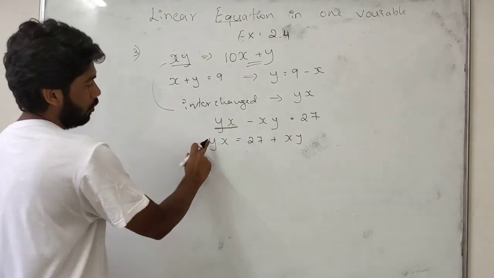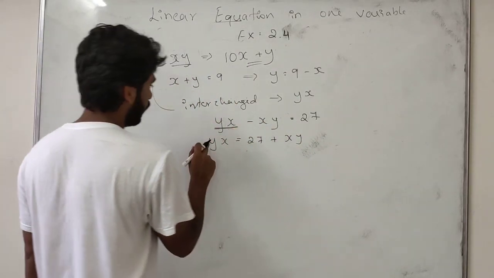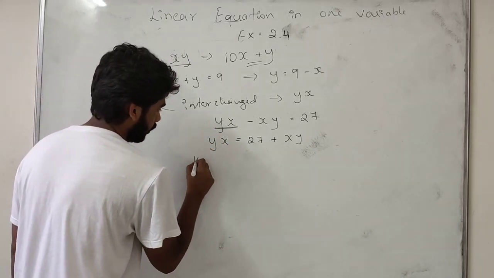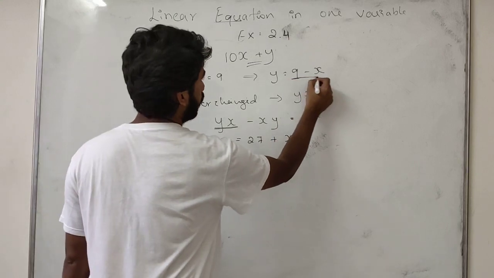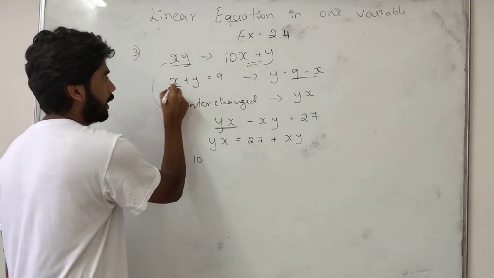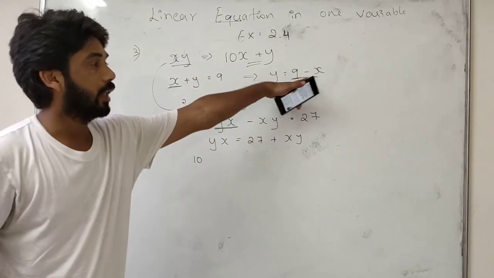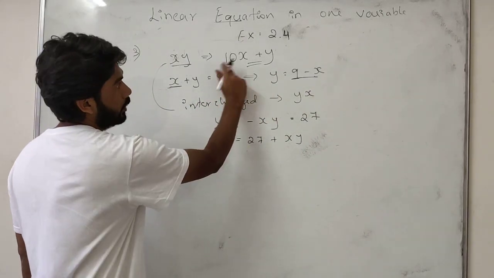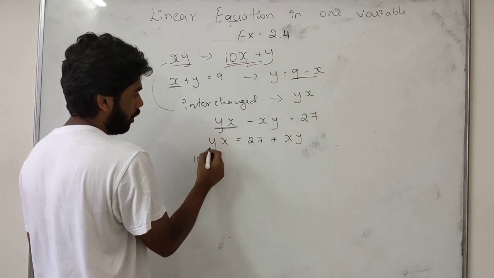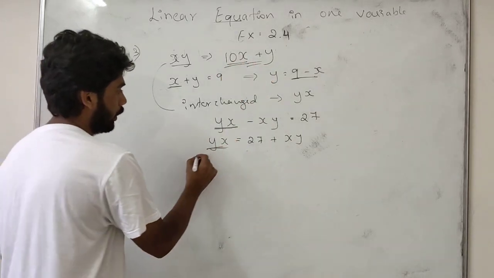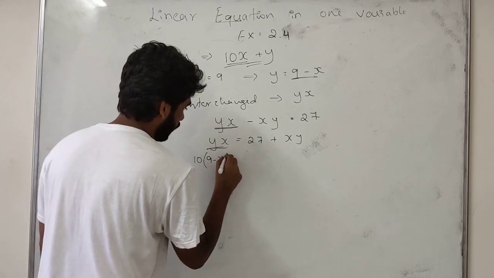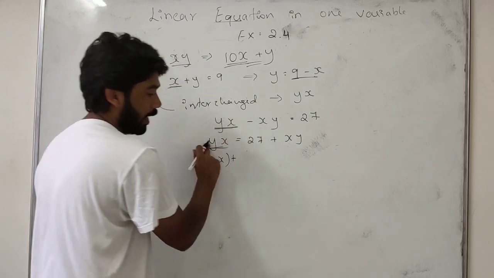Okay friends, now yx means 10y plus x. For y I get 9 minus x, so I take 10 times 9 minus x, and here x we are adding.